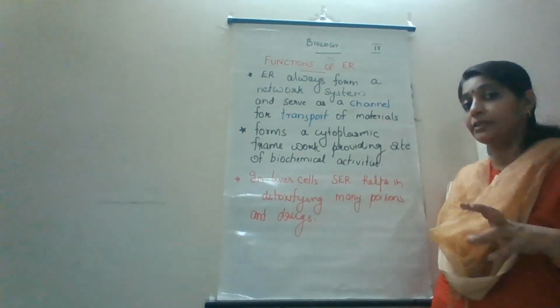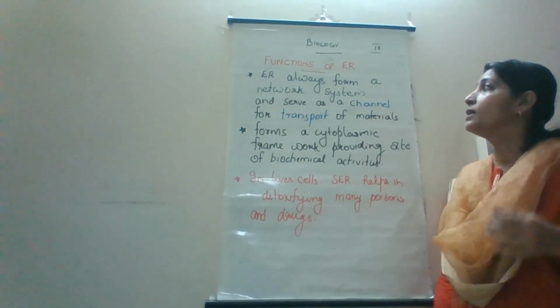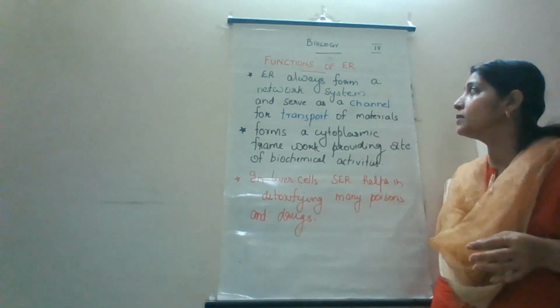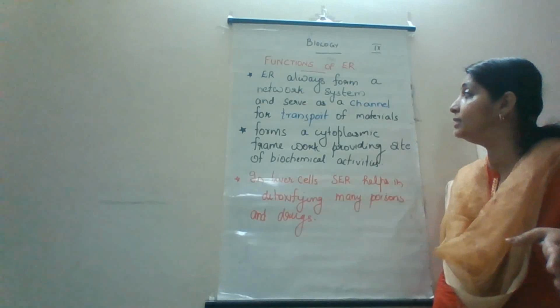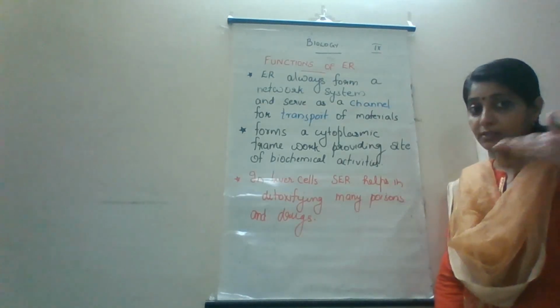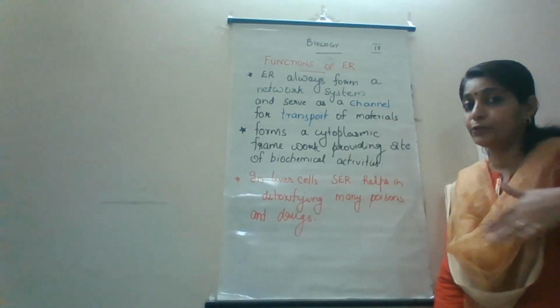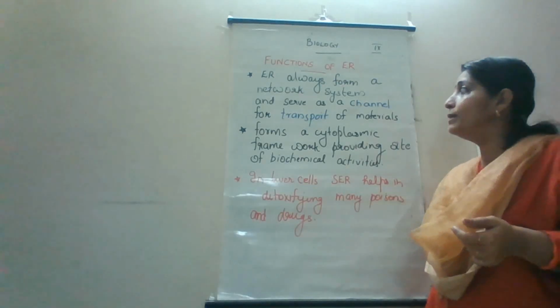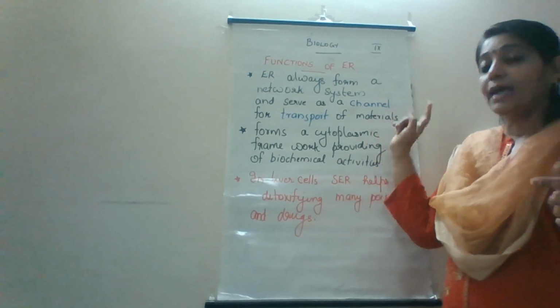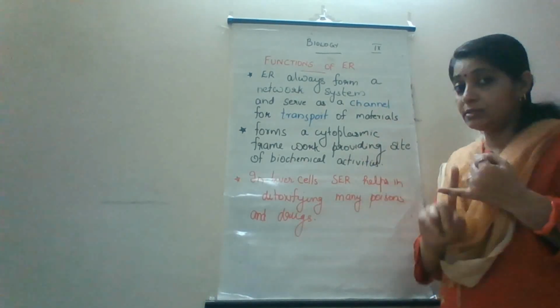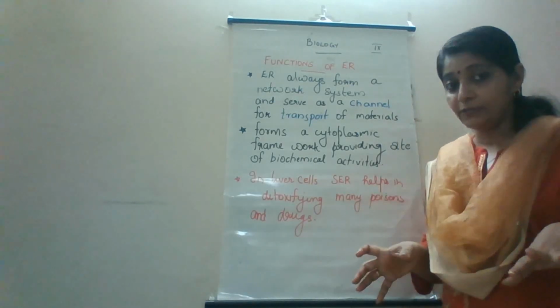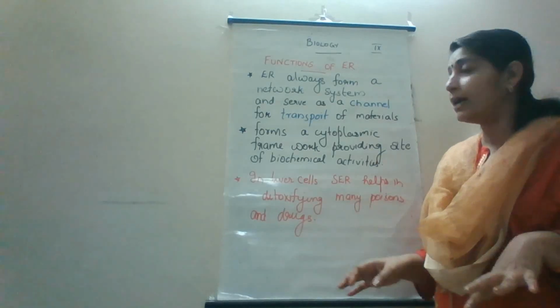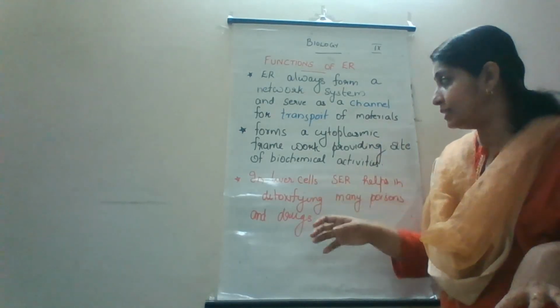It always forms a network system inside the cell cytoplasm, so that it serves as a channel for transport of materials within the cytoplasm. So that is the first function of endoplasmic reticulum. It always forms a network system, hence it acts as a channel for transport of materials.